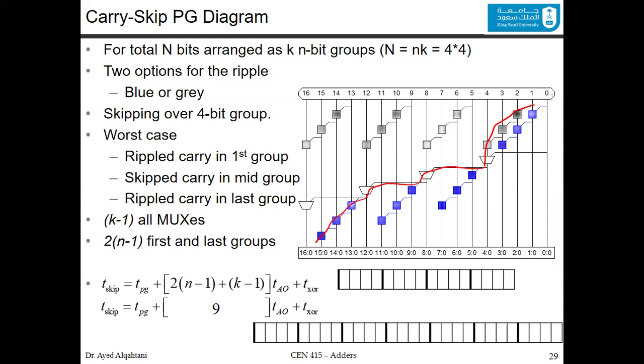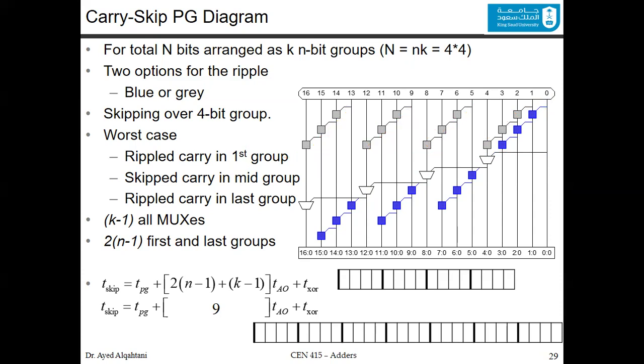And there are so many cases that are not the worst case. Let's say that you ripple everywhere. If you ripple everywhere and you never skip, then your design will work on this one, and this one, and this one, and this one, and you will have this much delay from here to here. That's the delay that you are going to have.